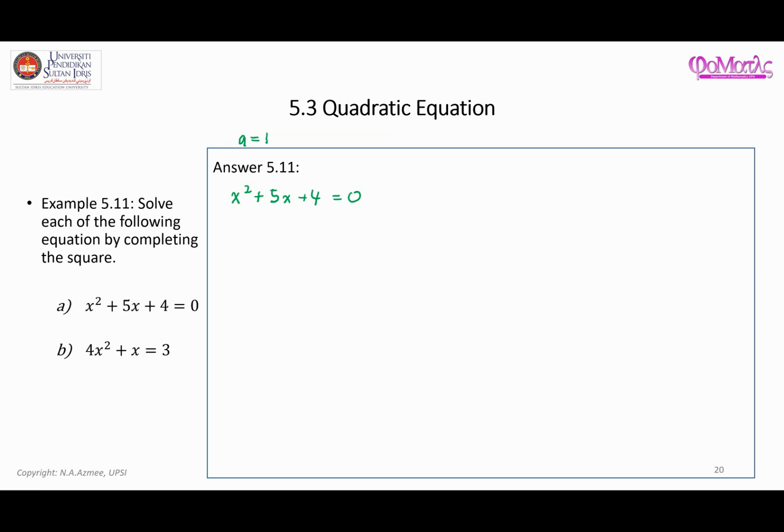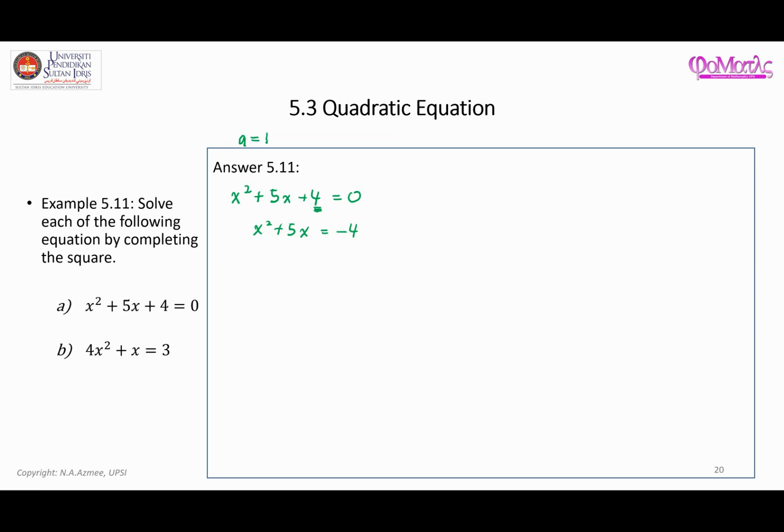So now we are going to make sure that this term is on the right hand side. So that means x squared plus 5x is equal to negative 4. Now we can move on to the next step, which is complete the square.